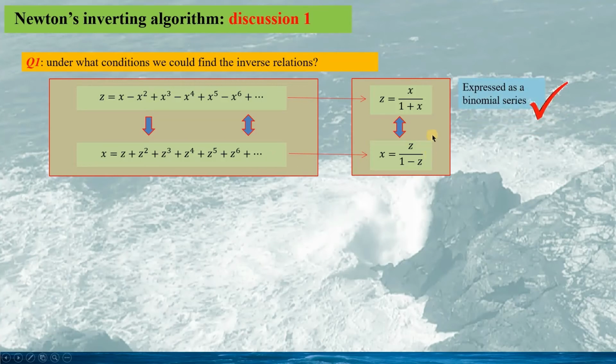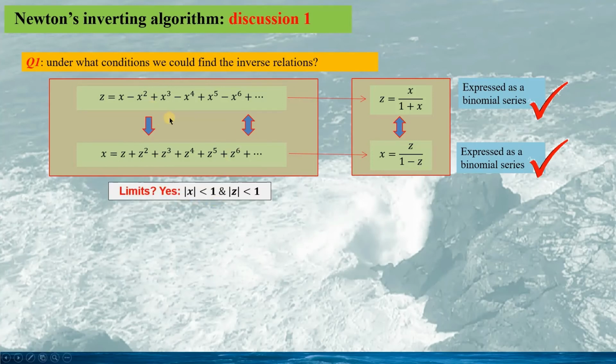If we examine the function expressions, we can see that both are binomial types, and based on Newton's binomial series, we should have the corresponding series for them. That's why we say these two series are invertible. However, when the binomial function is expanded into an infinite series, there are conditions for the convergence of the series.